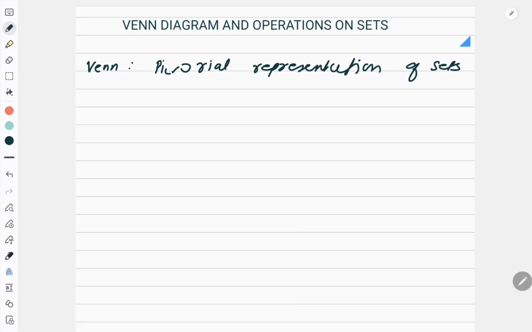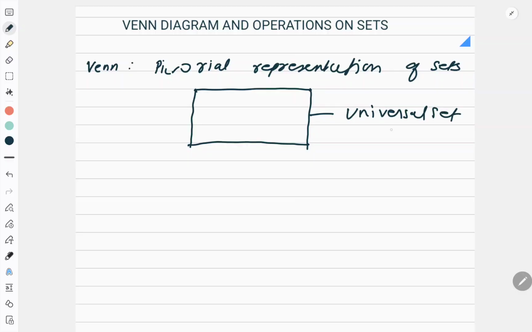Usually, we take a rectangle which is known as the universal set, and it is represented by U. And the other sets in this universal set, A, B, and any other set, are represented by circles. It is not a hard and fast rule, but yes, it is used like that only. Okay, so now let us see a few examples.